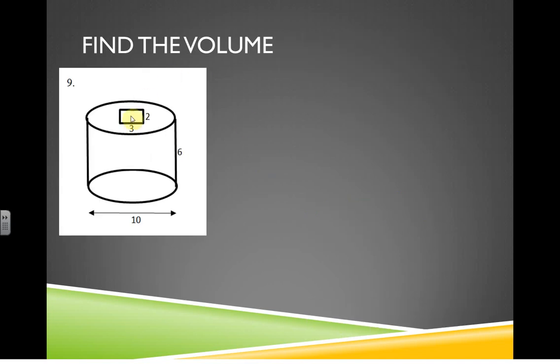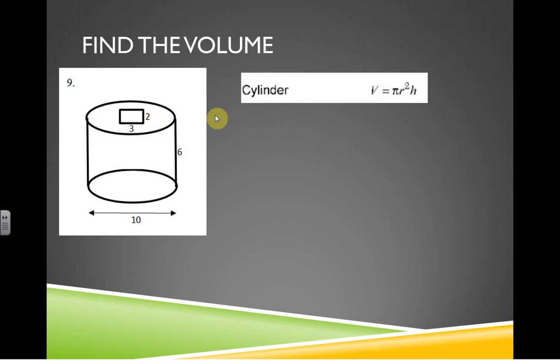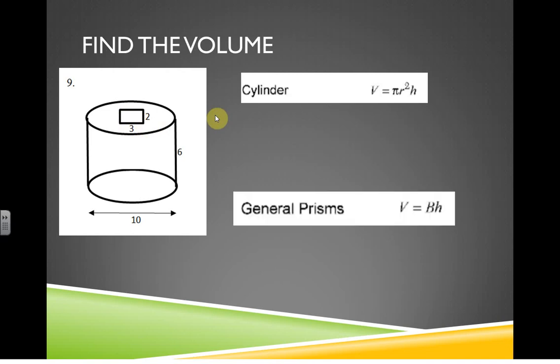Here, this is like a prism going through. It's kind of hard to show that on this, but this is like a hole being cut out. So I need to find the volume of the cylinder, and then I need to find the volume of that rectangular prism, and I need to subtract them. So again, I'm just substituting values in. If 10 is the diameter down there, I know that the radius is 5 and the height of the cylinder is 6.